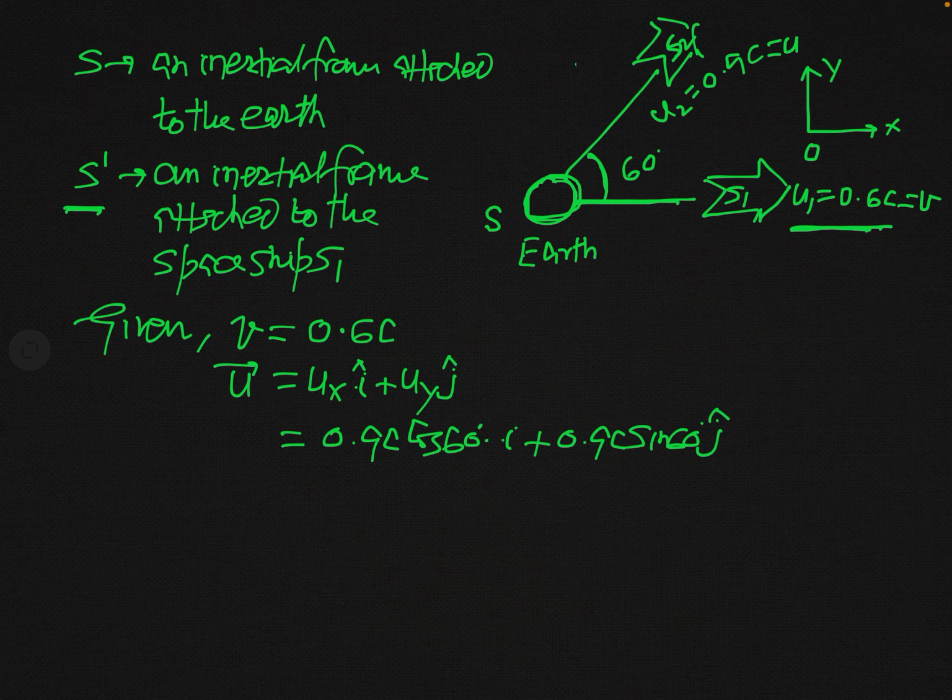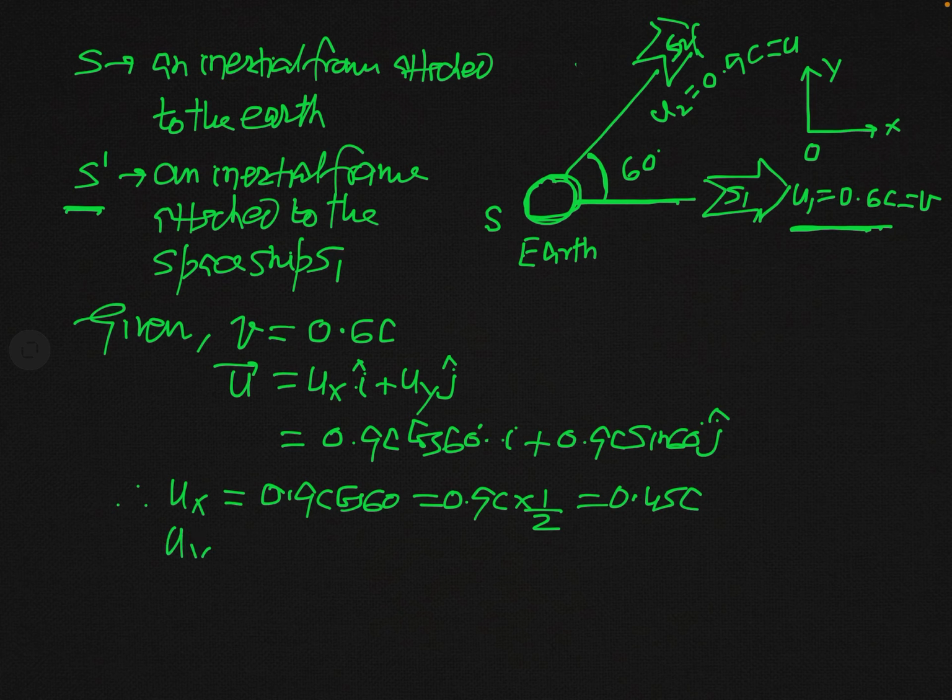And therefore you can write here that Ux is equal to 0.9 c cos 60, and this will be 0.9 c into 1 over 2, since cos 60 is 1 over 2, and so this is 0.45 c. And what is Uy?